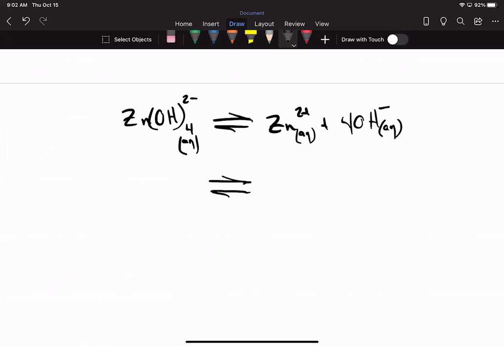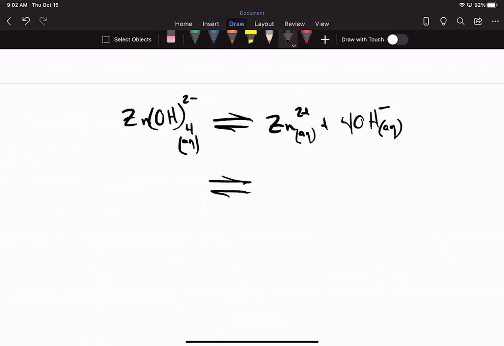Now that we have these ions, we can actually use this common ion effect and apply it to these acid-base adducts, right?